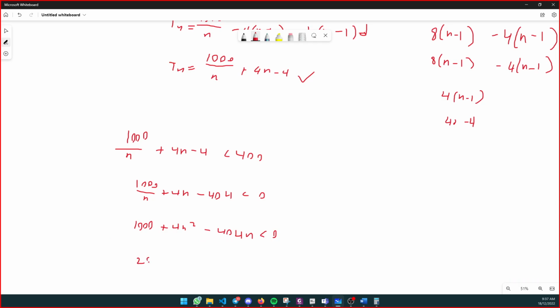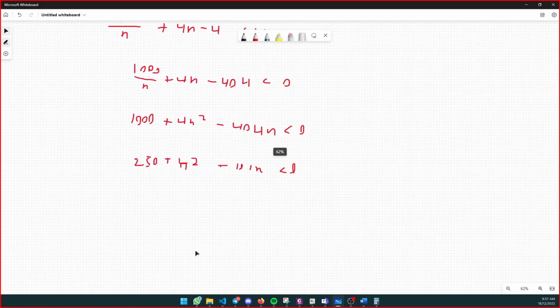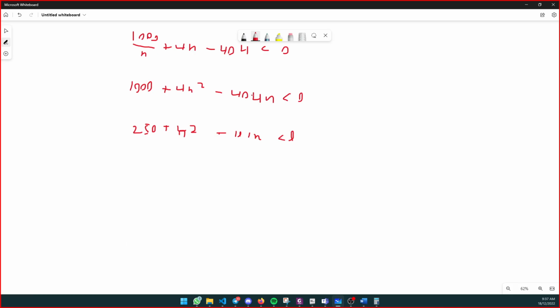Then that will be 250 plus n squared minus 101n, and this is less than 0. So you can get this. Then using this with the quadratic equation, I think you'll get n.